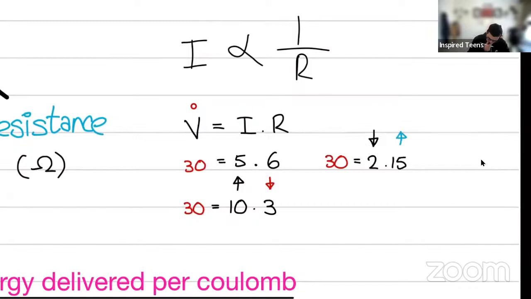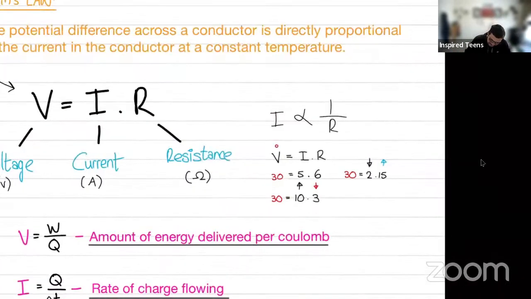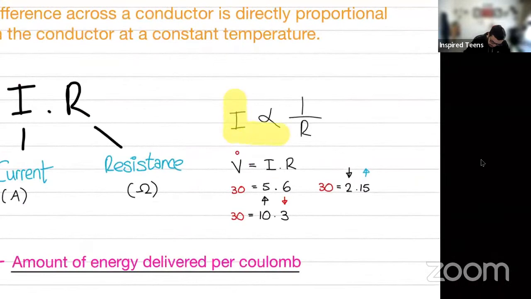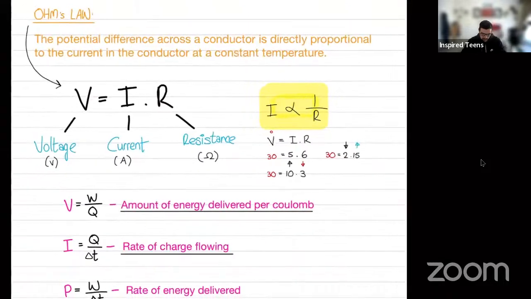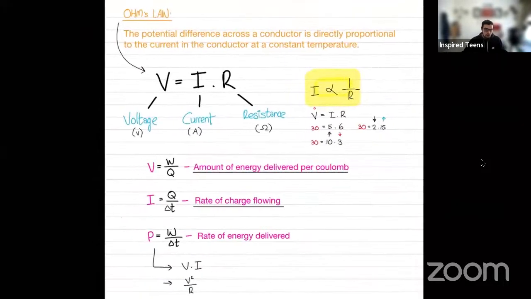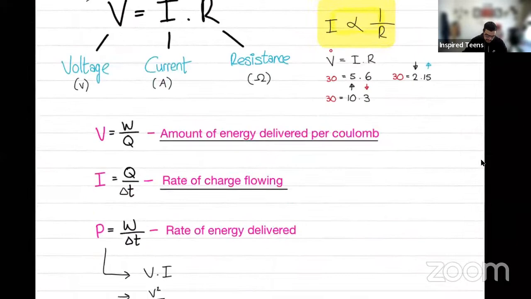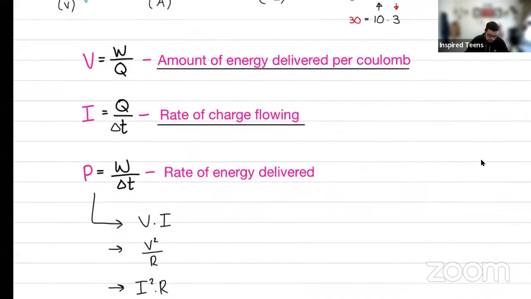Inverse proportion: if you increase one, the other has to decrease. That's what Ohm's law gives us, this relationship between current and resistance, that I is inversely proportional to resistance, and that's something very important that we'll see later on as well.